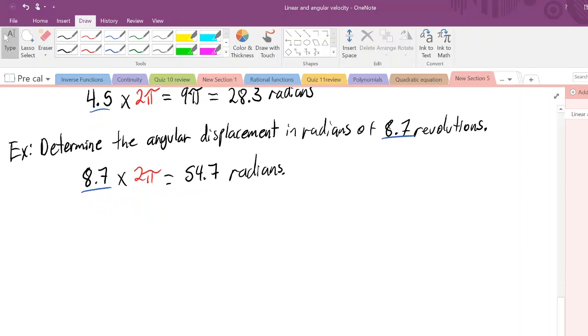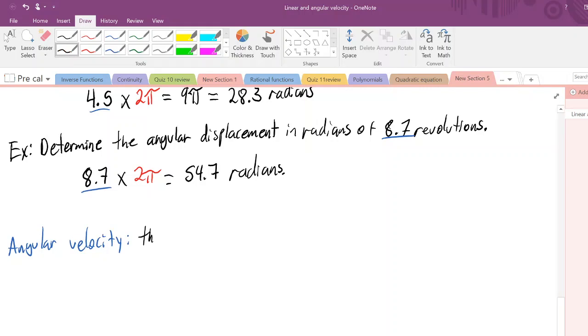Alright, now the next thing we're going to look at is called angular velocity. Okay, so what is angular velocity?